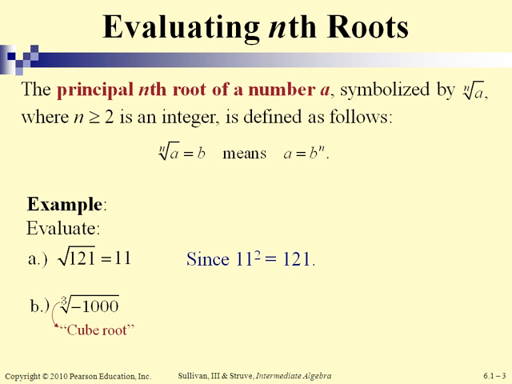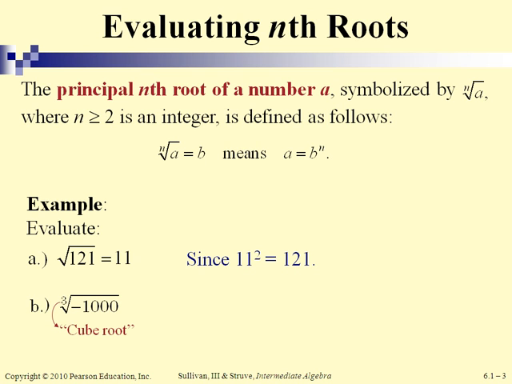So if the index here is odd, is 3 odd? Yeah. So negative number multiplied by itself an odd number of times will still be negative. So it is okay to have a negative number inside the radicand if the index is odd. Does it make sense? And then the result will also be negative.